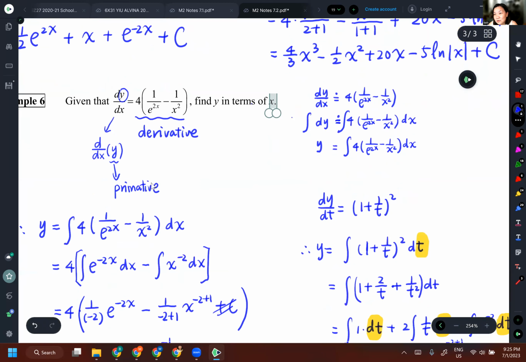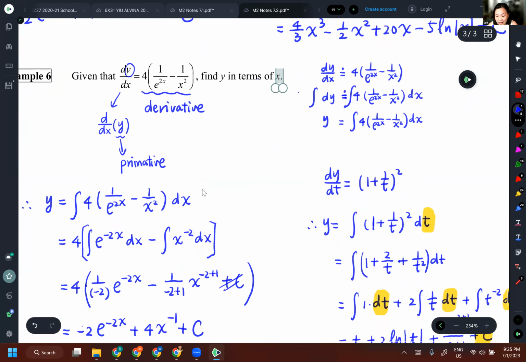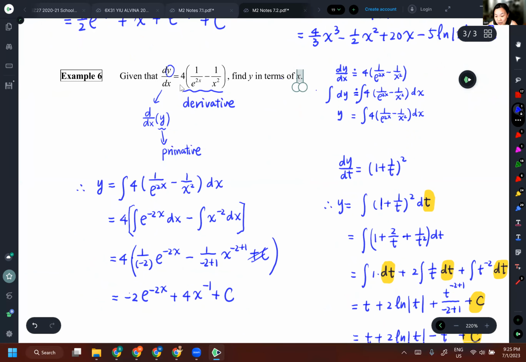But so far, by today, you just know, in order to get the primitive function, you just need to integrate the derivative function, and that's it. As to the symbol, I try my best to make you like the symbol, to get used to it, but I don't think it works.